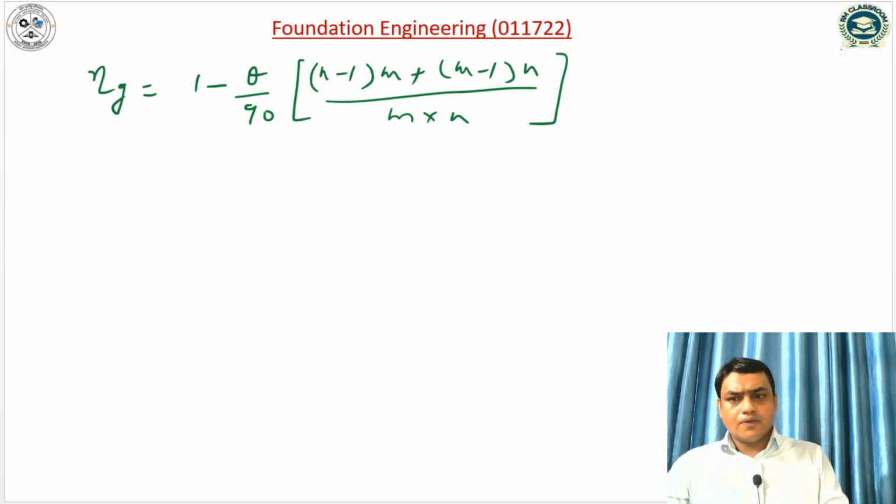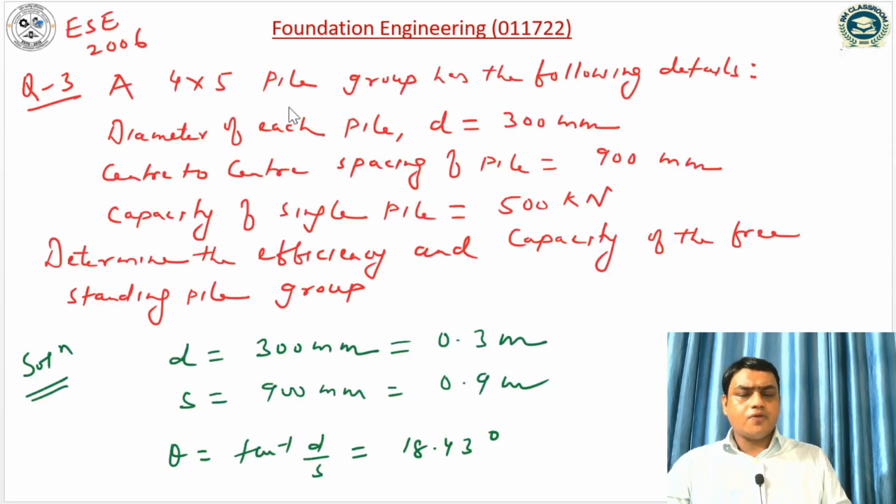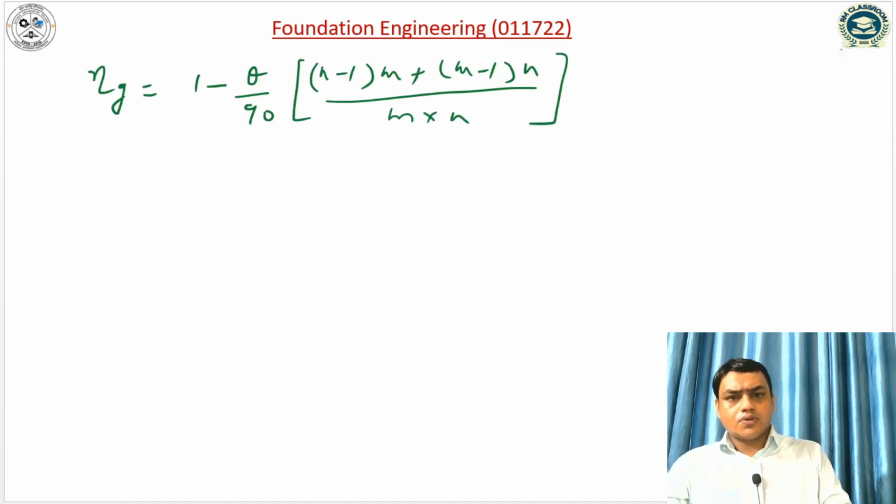So here a 4 by 5 pile group means the number of rows m is 4 and n is equal to 5.